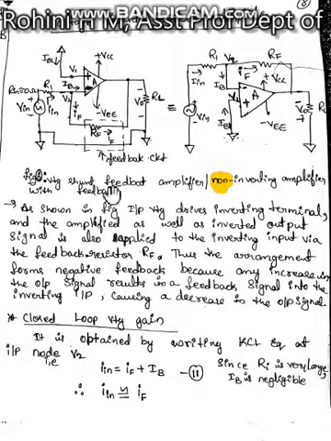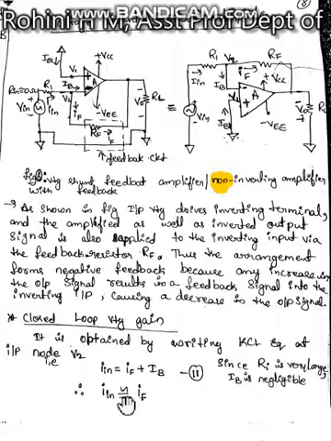Now we will discuss the closed loop voltage gain. Let us consider these currents and apply KCL at node V2. The current entering is I in, and the two currents leaving are I_B and I_F. So I in is equal to I_F plus I_B.